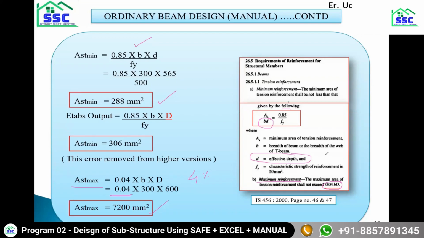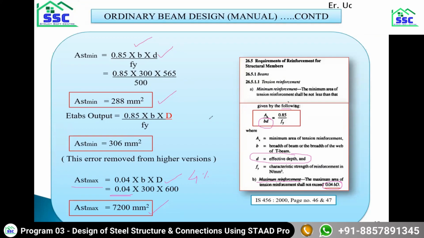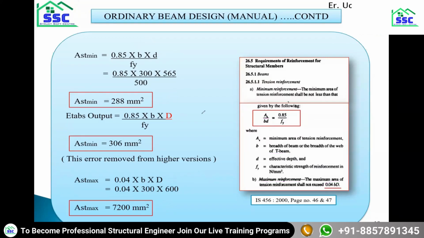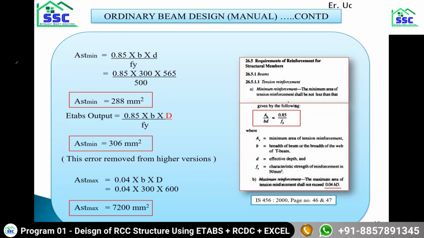And when you are calculating the maximum reinforcement, the code is asking you to use capital D. So please don't confuse: AST minimum uses effective depth d and AST maximum uses overall depth D. So the maximum steel that we can put in our beam is 7200 mm square. All these were the constraints of the code, AST minimum and AST maximum. I'll go back to the previous slide.